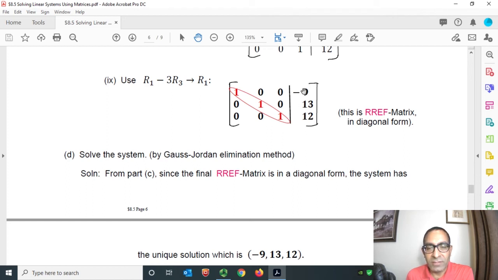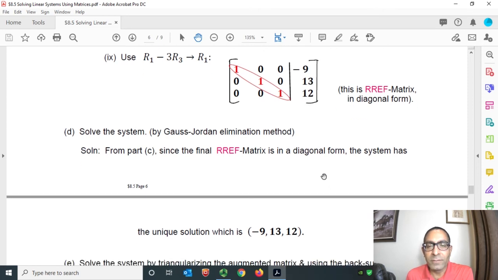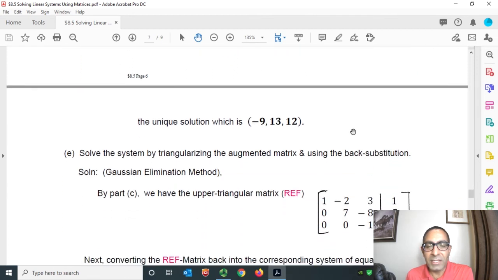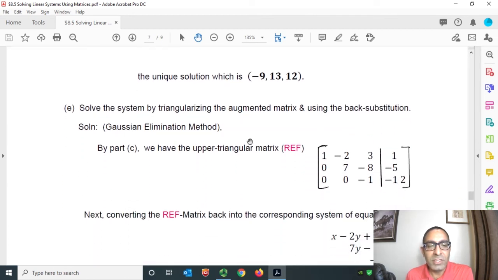This corresponds to x values, this corresponds to y values, this corresponds to z values. So here x equals -9, y equals 13, and the unknown variable z equals 12. These are the solutions of our systems. Great.